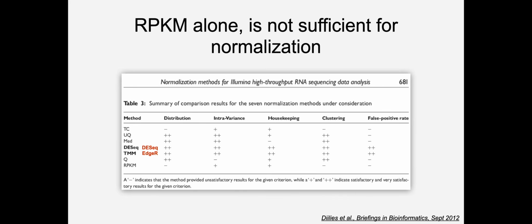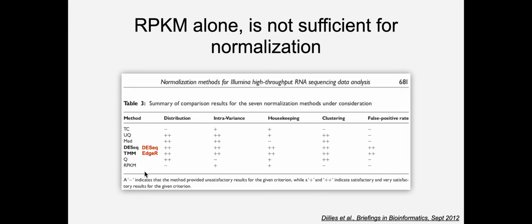But the issue is that we now know, and for a long time have known, that RPKM alone really is not sufficient for normalization. If you look at RPKM and ask how it compares to the true between-sample normalization methods, which I'll talk about later, it doesn't do as good a job with variance, with housekeeping genes, with clustering, with false positive rates.